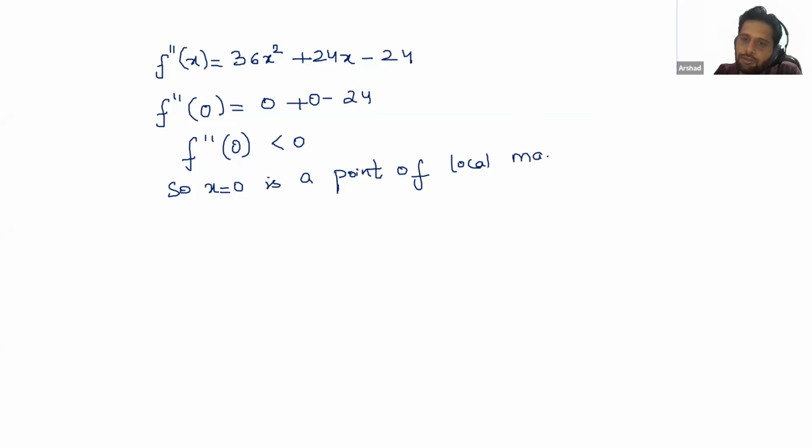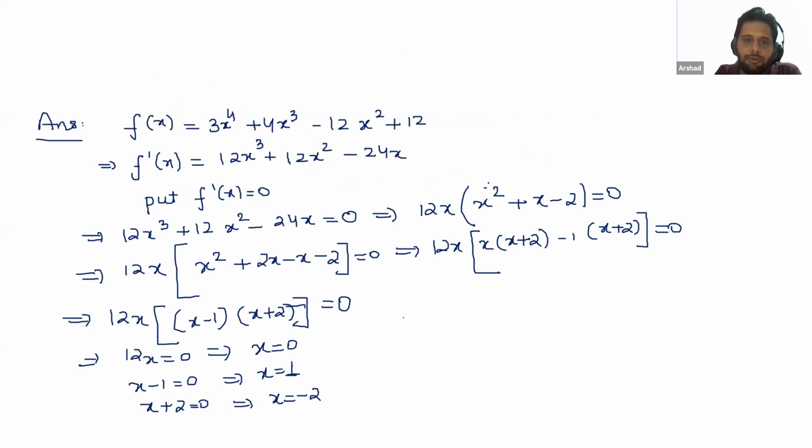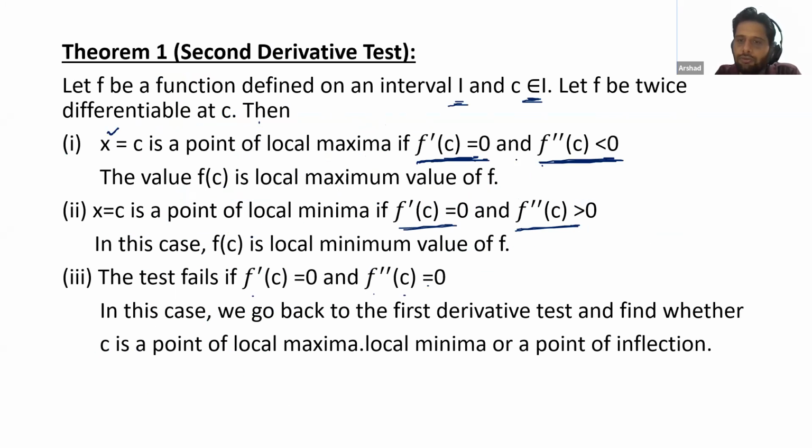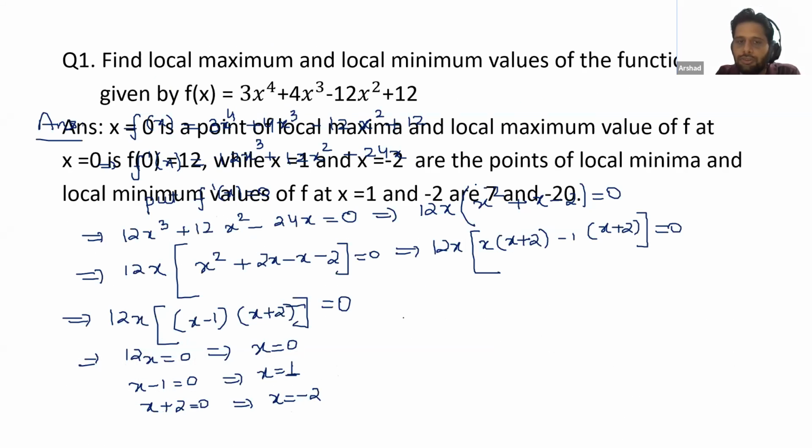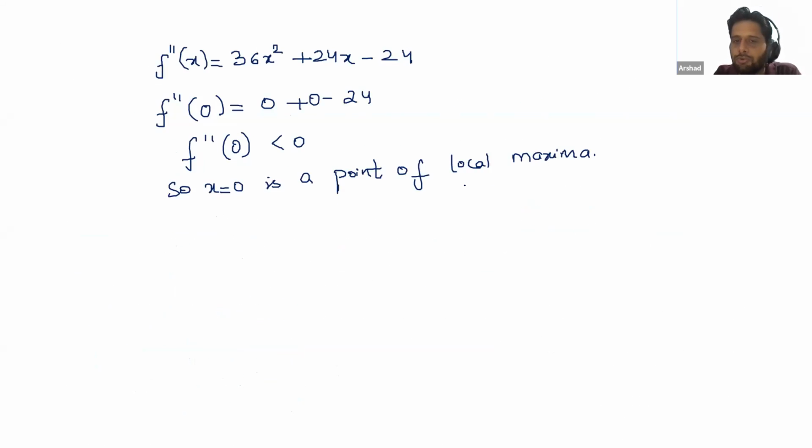If you check the rule, what was there in the rule? If f double dash c is less than 0, the value f(c) is the local maximum value. So x is equal to 0 is a point of local maxima, and what is the local maximum value?